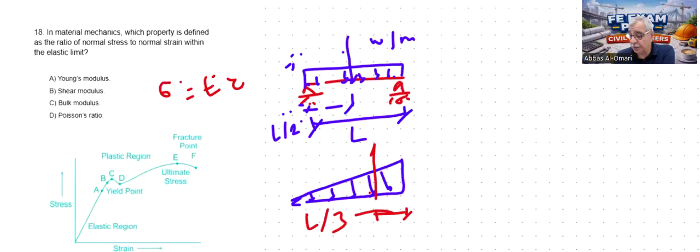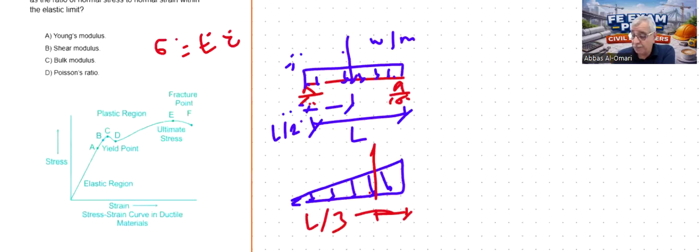It's important to understand that this relationship is within the elastic range between the origin and point A. Elastic range means that there's no permanent deformation. If the load is removed, the object will go back to its original shape. There isn't going to be any permanent strain.